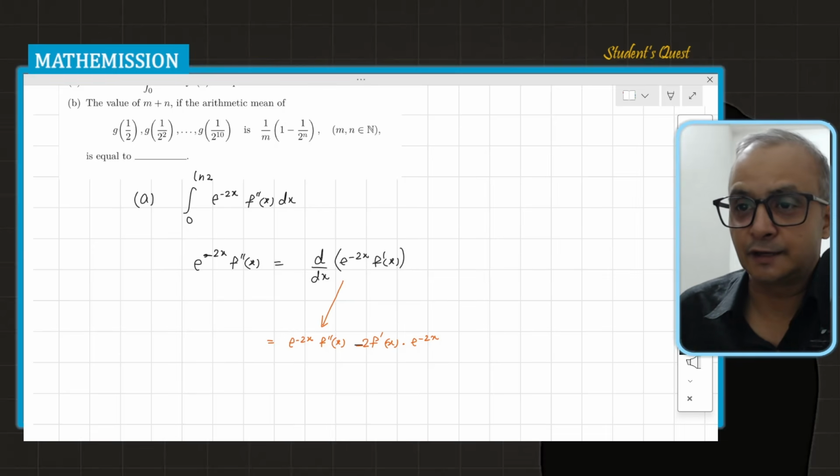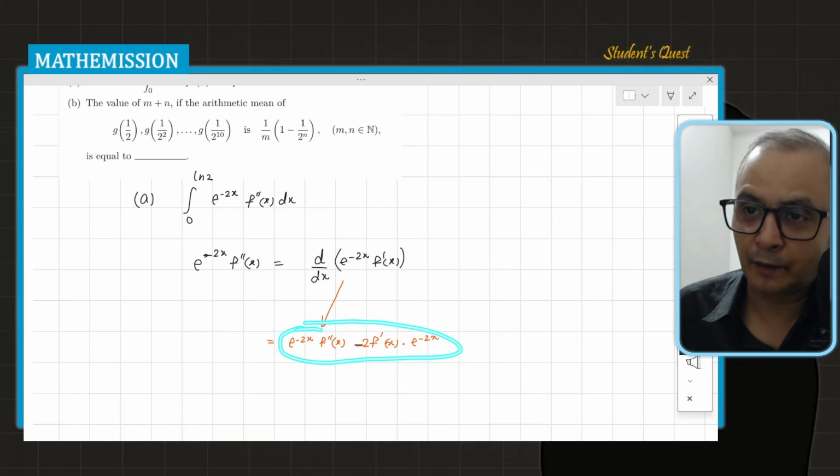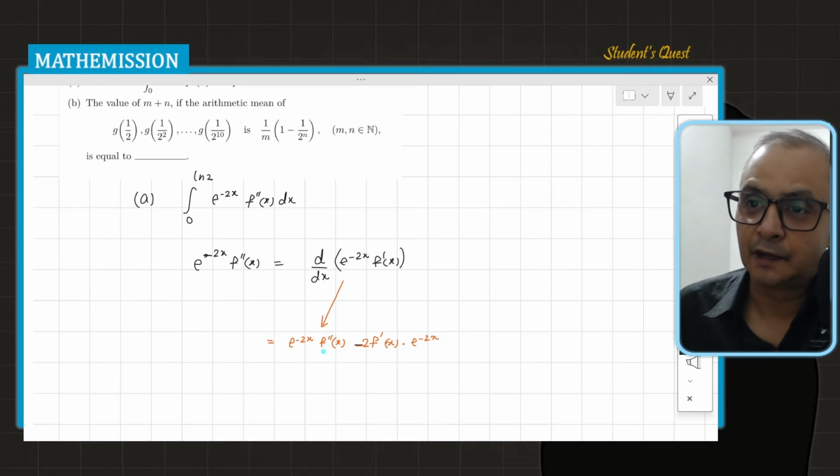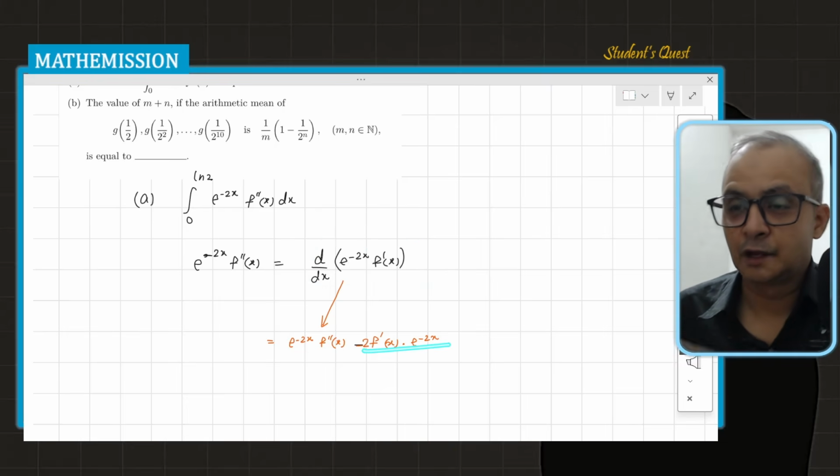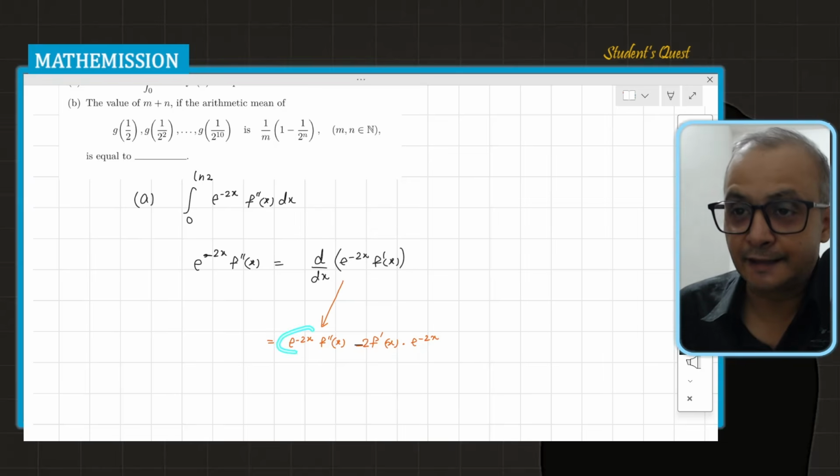Now try to understand: I'm getting e^(-2x) f''(x) as this minus this. So I can write this and plus this.